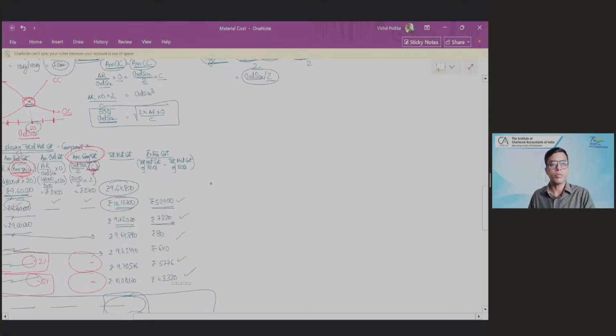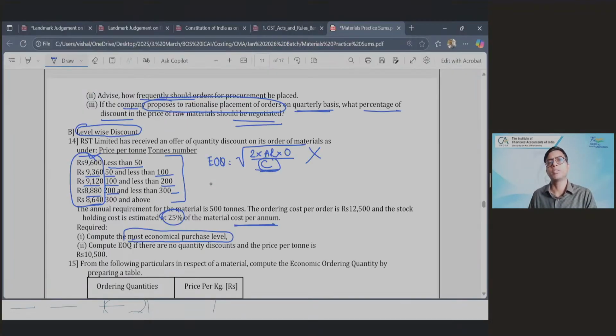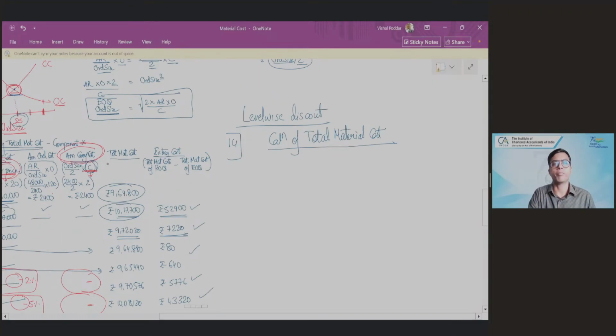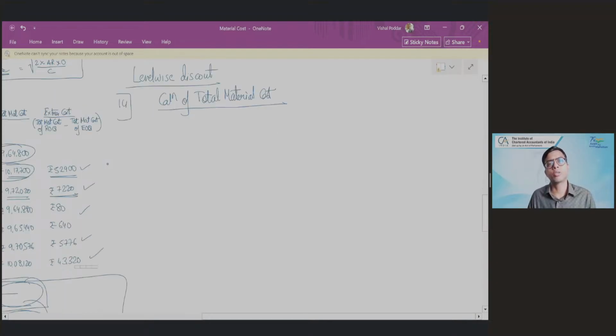So for solving this level-wise discount sum, I'll go back to basics. I will do what? Calculation of total cost. Now, it is simple because the formula, format, everything is the same, just a slight tweaking is required. What is interesting to note, they have given you levels.